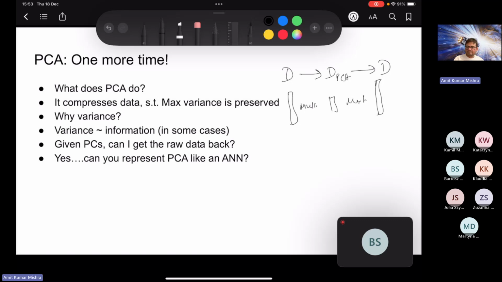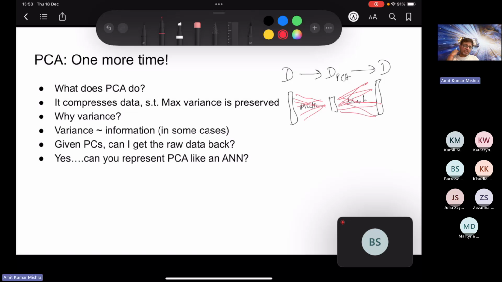Now this matrix multiplication can be neural networks, and so on.